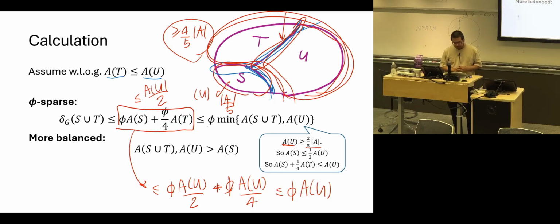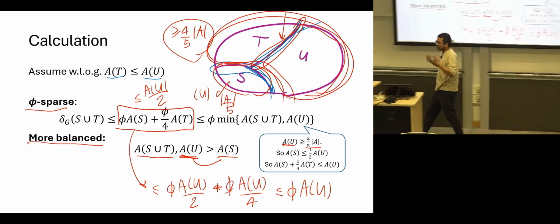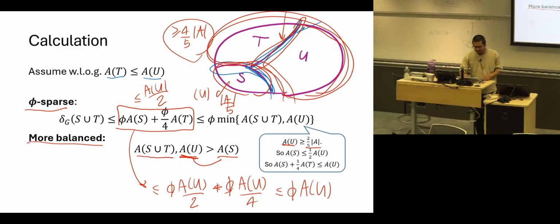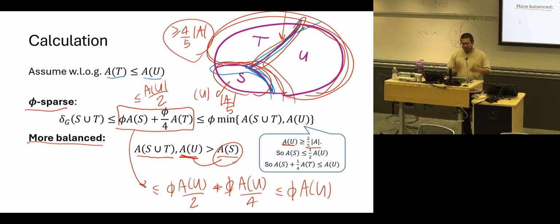All right, so it's phi sparse, but it's more balanced. Why? Because this is more than AS for sure, and this is more than twice AS. So both sides of this cut are larger than the size of S. So it's more balanced, and that's a contradiction.